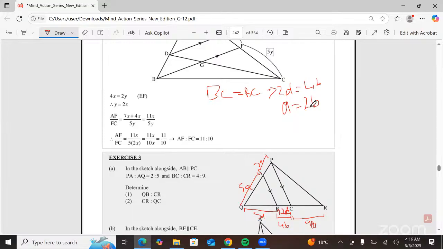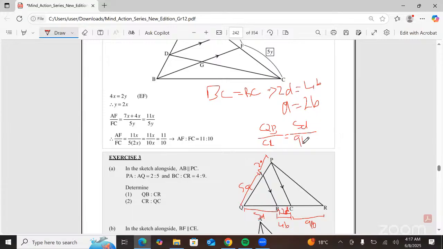Then QB over CR. QB is 5D, over CR, which is 9B.